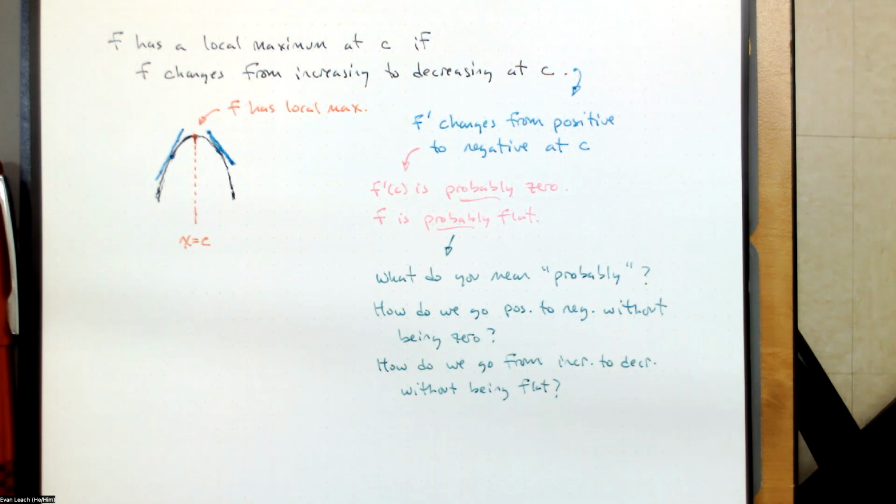This is a great question. I'd be happy to tell you. Furthermore, if I tell you this right now, then it'll make a lot of calculus make a lot more sense for the rest of the semester, and your mathematical life will be easier from here on out. But only if I tell you right now. If I wait one day to tell you what I mean by probably, then it's kind of ruined the instantaneous effect.